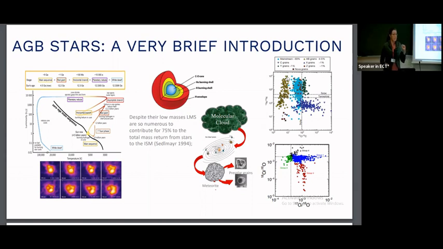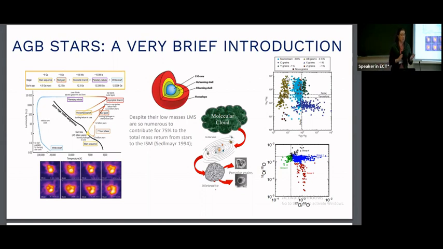But there should be AGB stars that are oxygen-rich. They have to be very small, smaller than 1.5 solar masses, more or less. Please remember that this number depends on the stellar metallicity, so the initial composition of the star. Or they can be a bit more massive, maybe 4, 5, 6 solar masses.